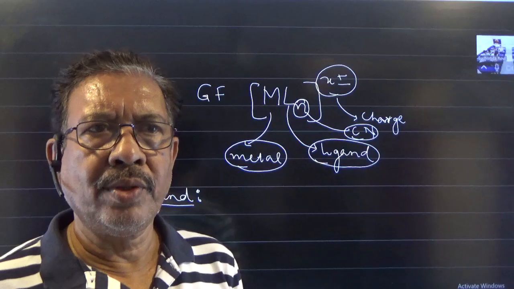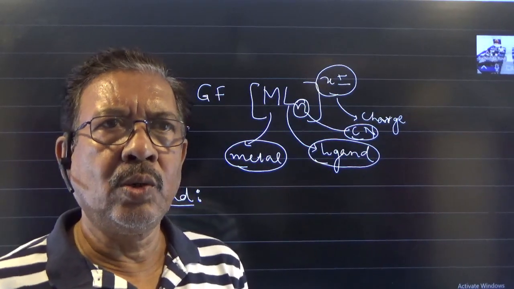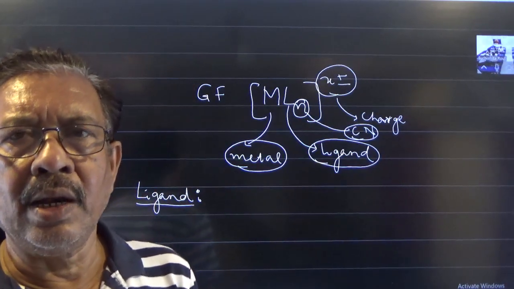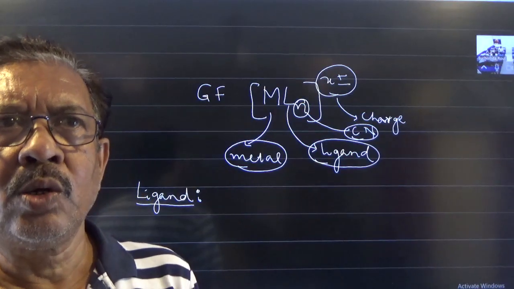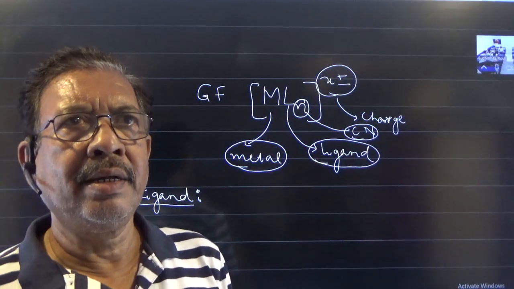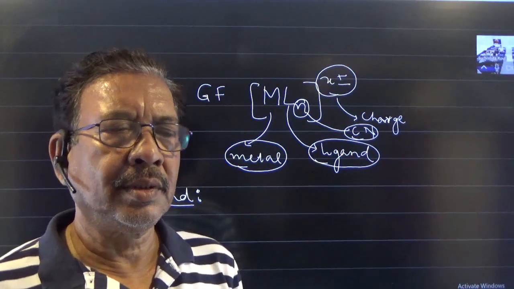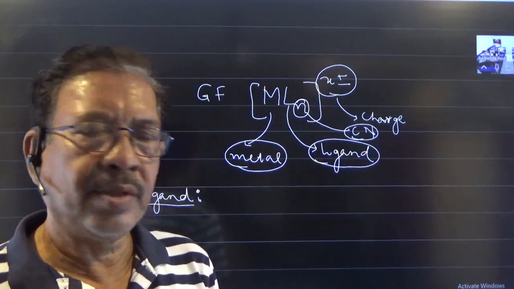Once more, ligands are those which can donate a lone pair of electrons to the central metal cation. Clear?